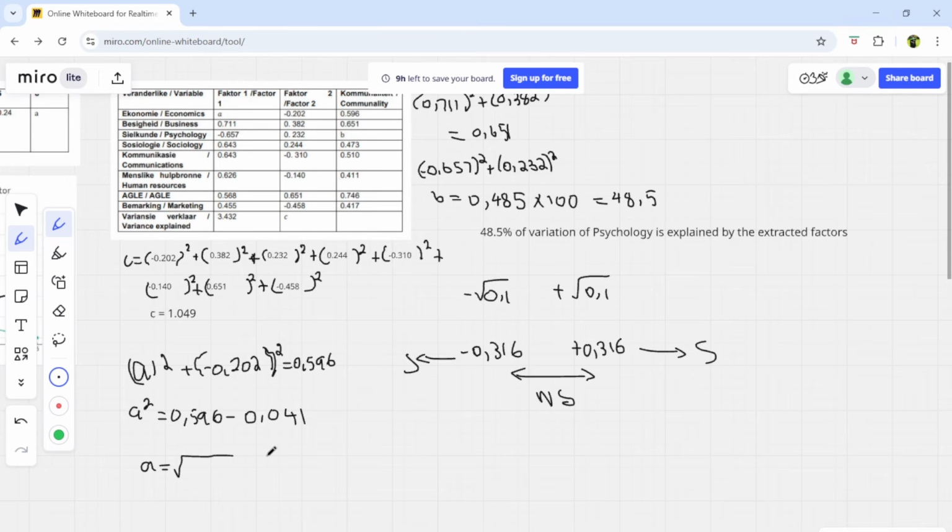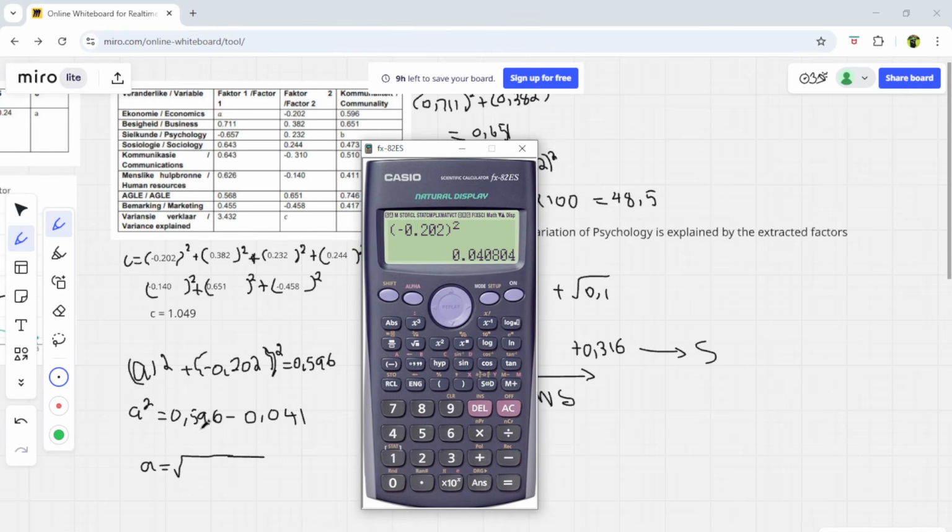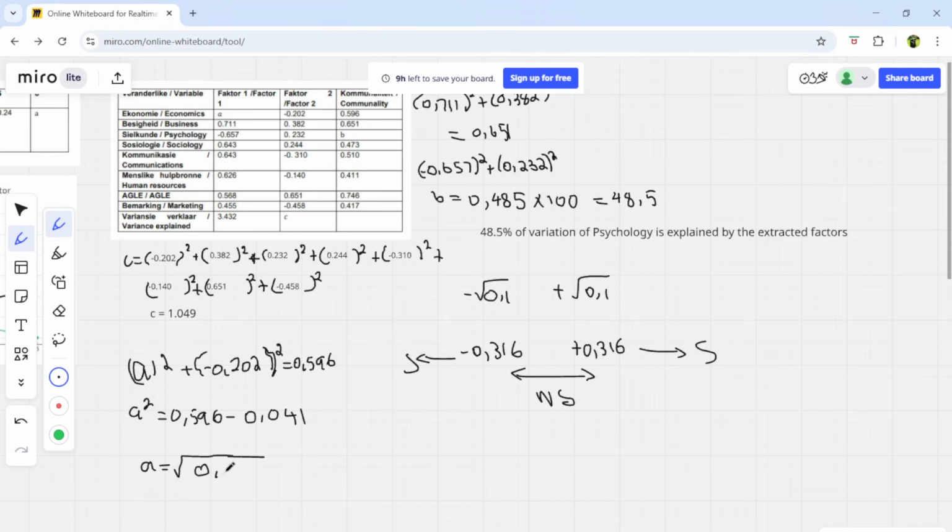So we can now say 0.596 minus 0.041 equals 0.555. Writing with the mouse is not easy.